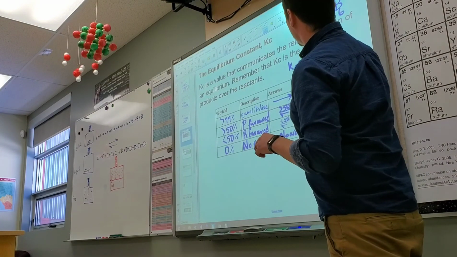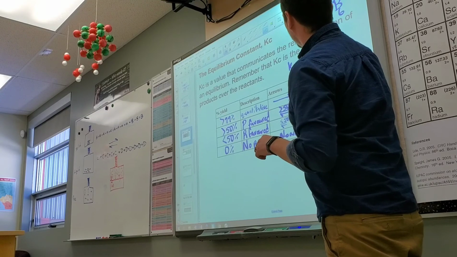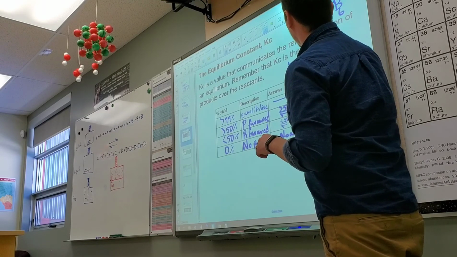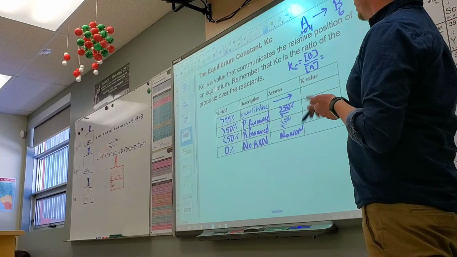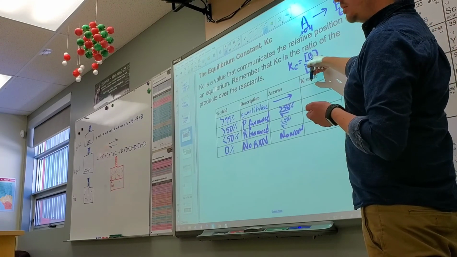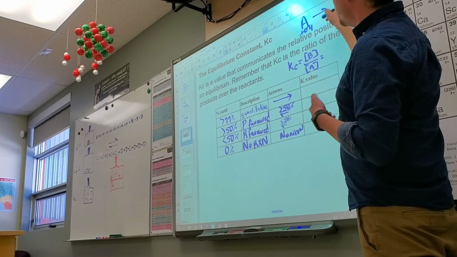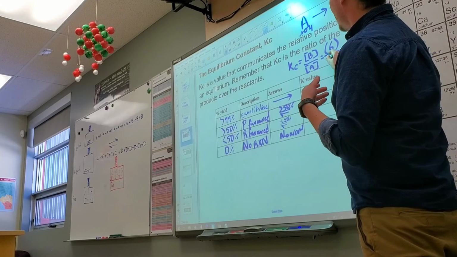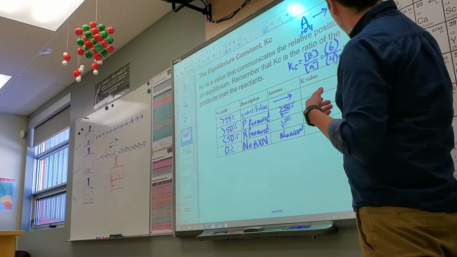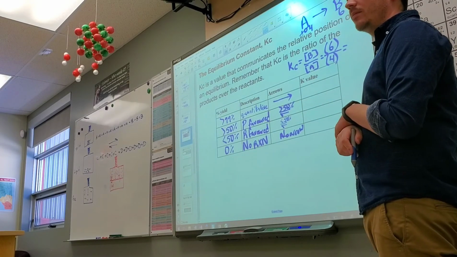Kc is the concentration of B divided by the concentration of A. It's not B to the 6 or anything like that. It's just 6 divided by 4. What's 6 divided by 4? 1.5.